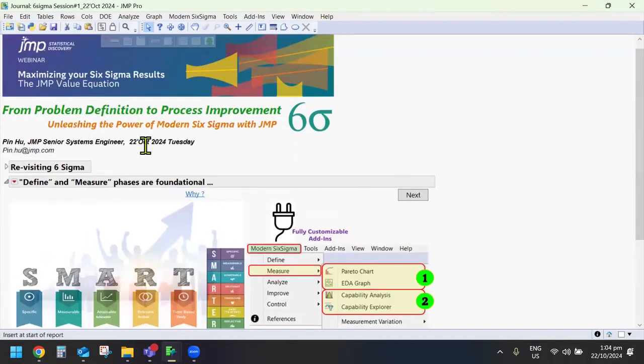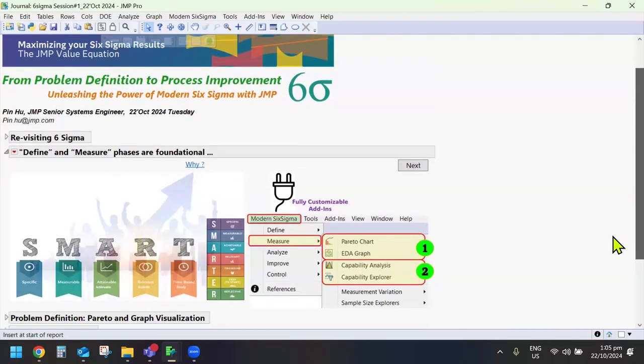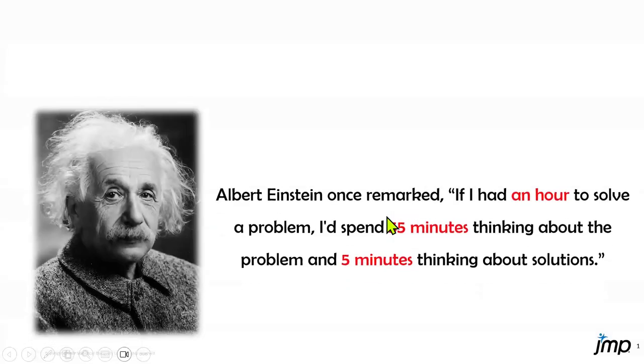Today, we are talking about 2 major parts. One is problem definition. The second part is process improvement. For any Six Sigma DMAIC project, define and measure are very important, right? Albert Einstein once remarked, if I have an hour, I will spend 55 minutes thinking about the problem, another 5 minutes to think about the solution.